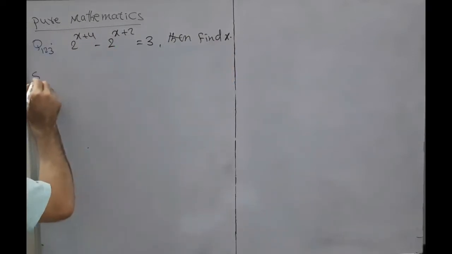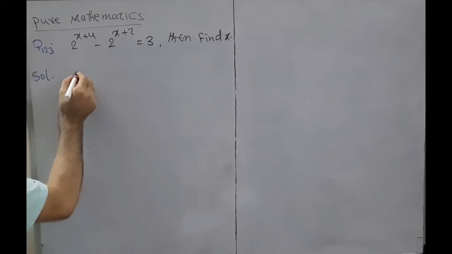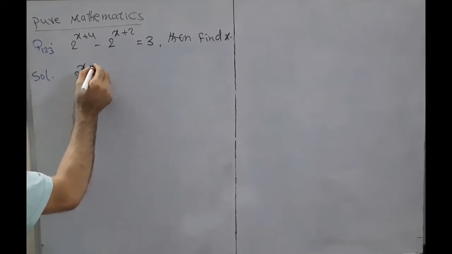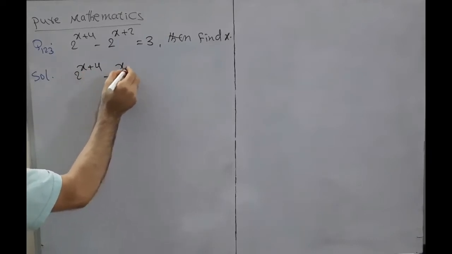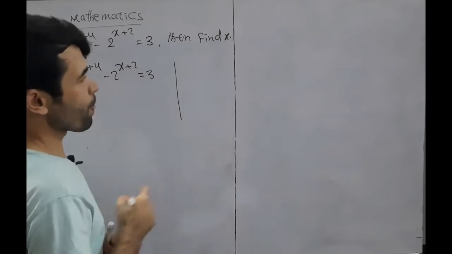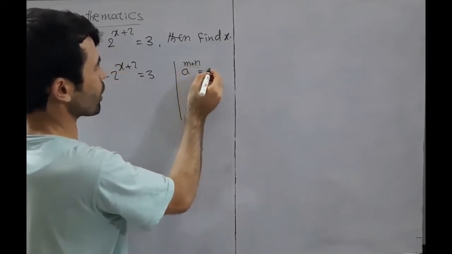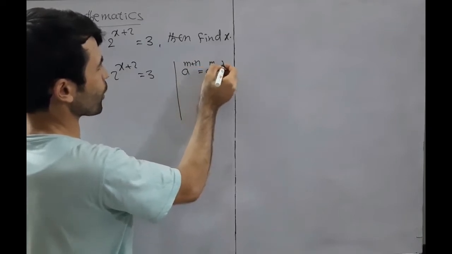Solution: we have 2 to the power x plus 4 minus 2 to the power x plus 2 is equal to 3. We have a to the power m plus n is equal to a to the power m into a to the power n.